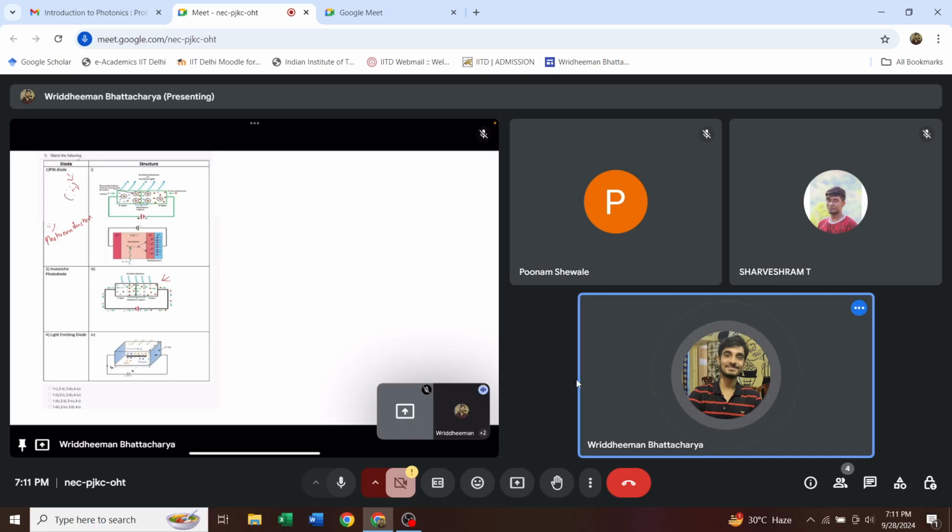For photoconductor, it's this one. For avalanche photodiode, it's this one. And for LEDs, it will be this one because the recombinations are occurring, right? So the last option, which signifies 1 to 3, 2 to 4, 3 to 2, and 4 to 1, is the correct one.